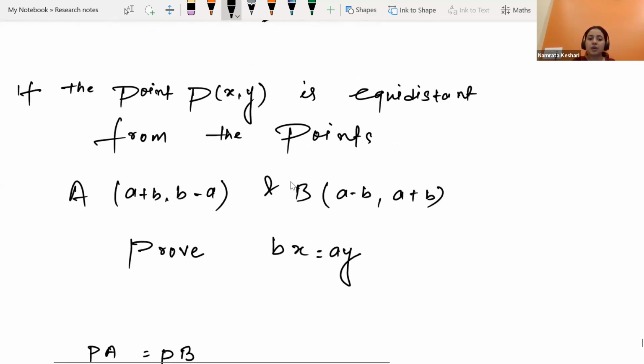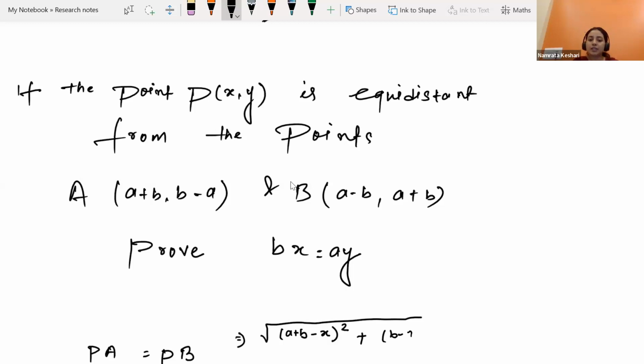The distance formula says that we can find the distance using the formula under root x2 minus x1 whole square plus y2 minus y1 whole square. So for PA, a plus b is x2 and x is x1, and b minus a is y2 and y is y1, which is equal to PB.